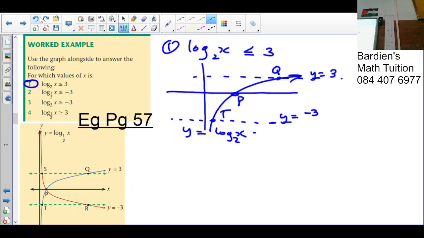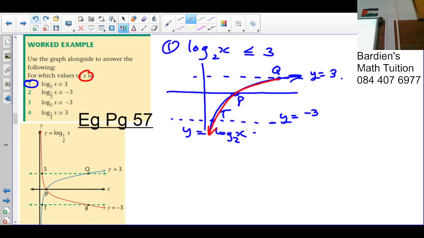Alright. So if the question says where's log x base 2 less than or equal to 3, do I shade above the dotted line at Q or below? Below, y is less than. So in other words, it's this part of the graph here. But remember the question is, for which values of x is that the case?